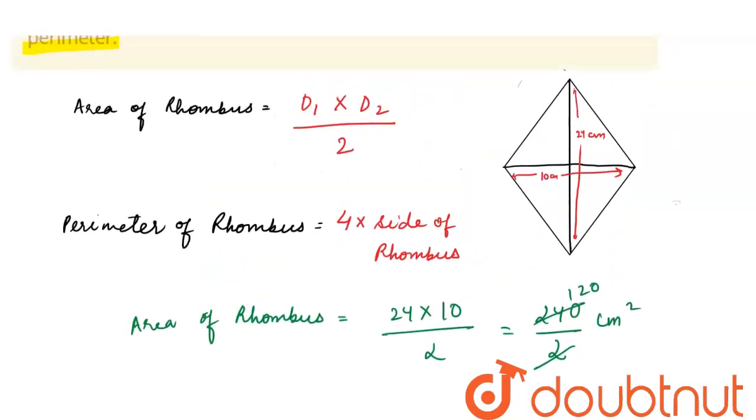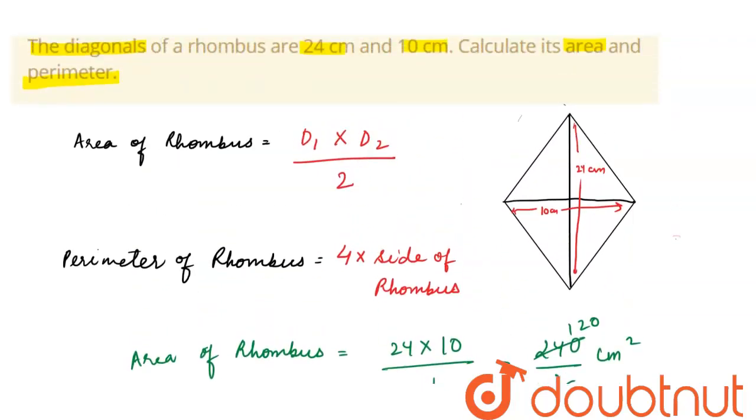Now what we will do, let's name our rhombus. Suppose it is A, B, C, D, and here the origin O. Okay, so we know that diagonals of a rhombus bisect each other.